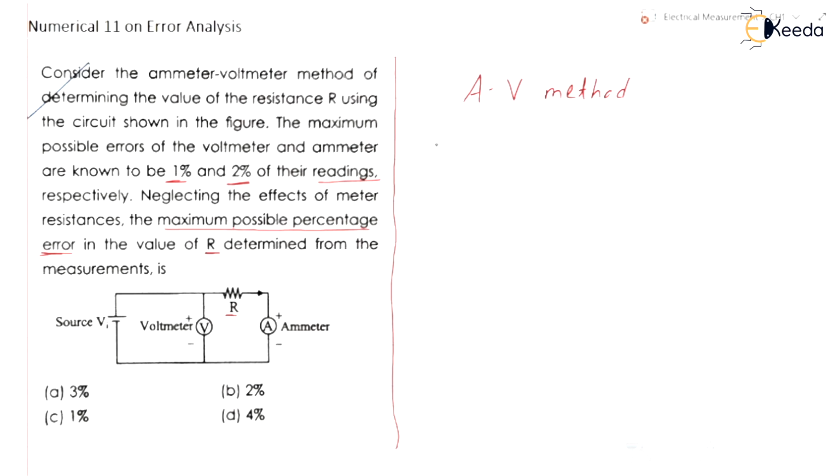According to this method, the resistance R is equal to voltmeter reading divided by ammeter reading. Let us consider the true value of voltmeter.